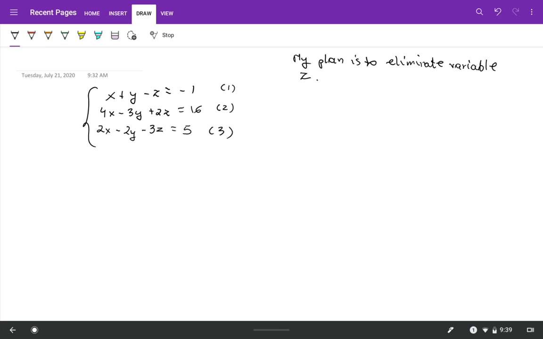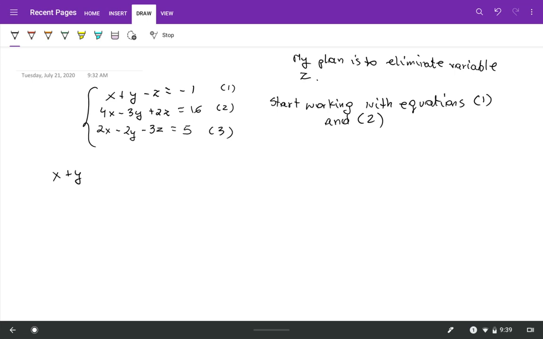So I'm going to start working with equations 1 and 2. Let me rewrite that system.